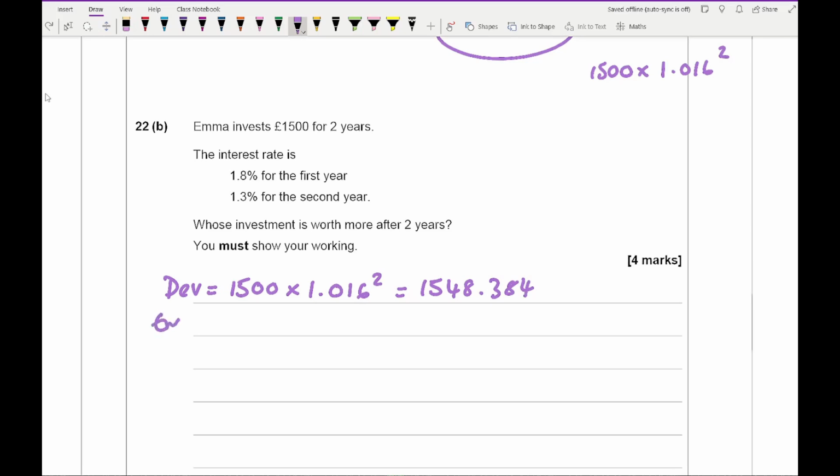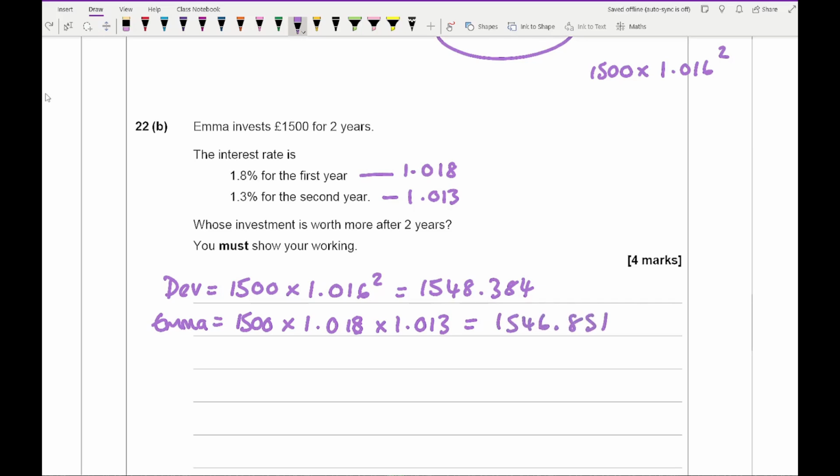Then if I work out Emma's, that's going to be 1,500 times the decimal multipliers, 1.018 and 1.013. It doesn't matter what order you do them in, and we should get an answer for Emma of 1546.851. So which of these two numbers is higher? It's going to be Dev.